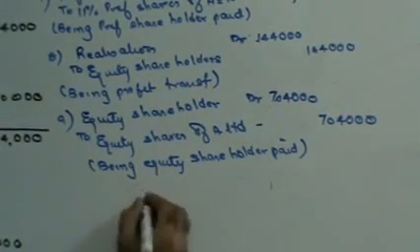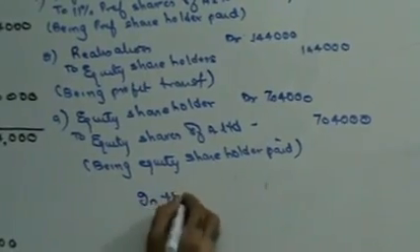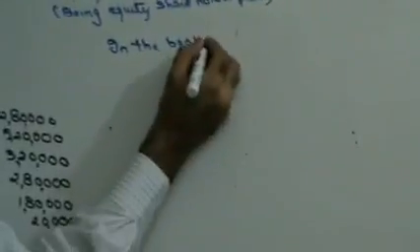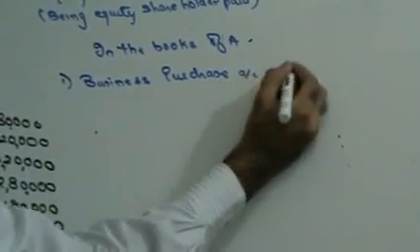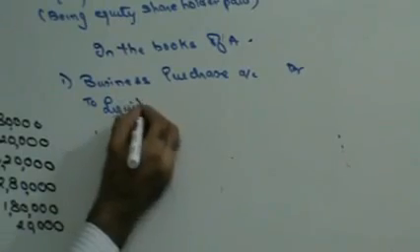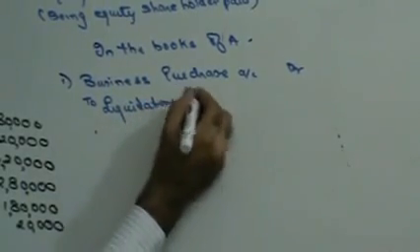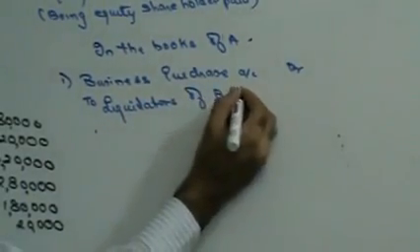Now let's get to the books of A. First, you need to acquire the business. So this is going to be business purchase account debit to liquidators of B Limited.